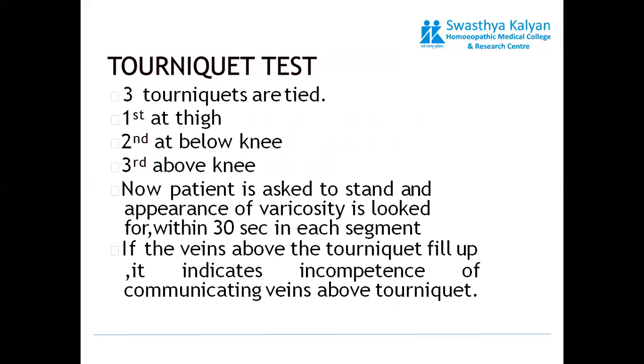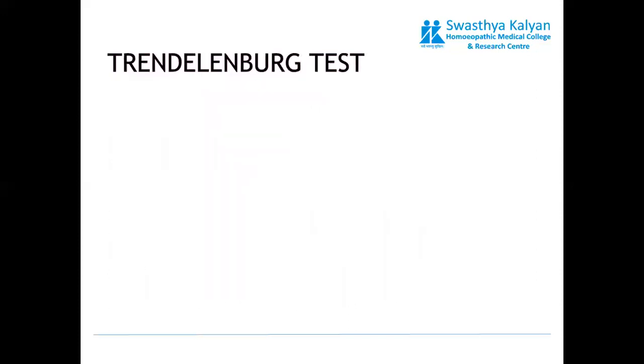Now, after tying the tourniquets, we will ask the patient to stand and we'll look for the varicosities, depending on which compartment fills earlier. We call that particular segment incompetent.